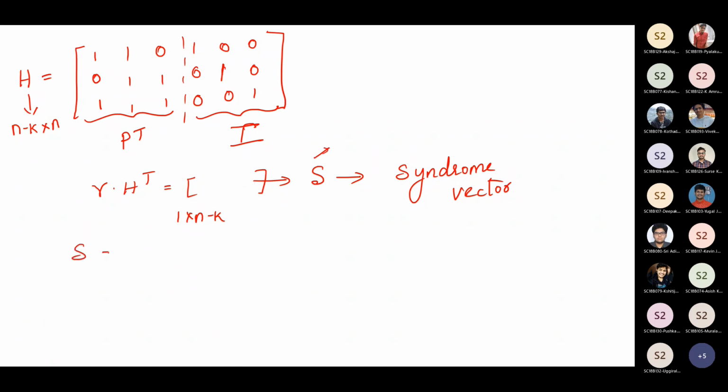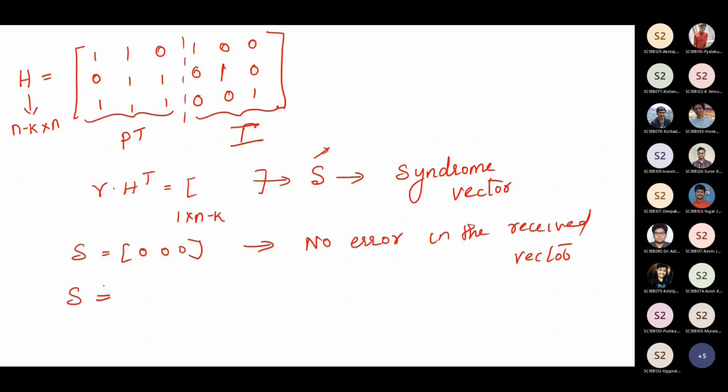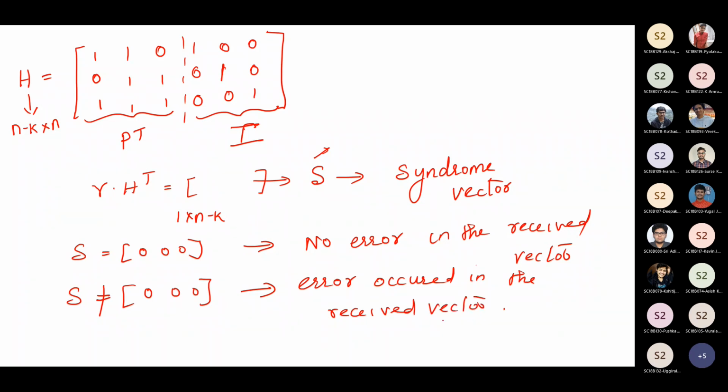If S is equal to all 0, we conclude no error in the received vector. If S is not equal to all 0 vector, it means some error has occurred in the received vector. So this is the first conclusion we are making at the receiver, that is error detection.